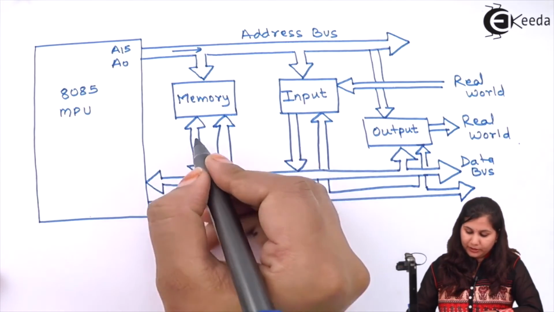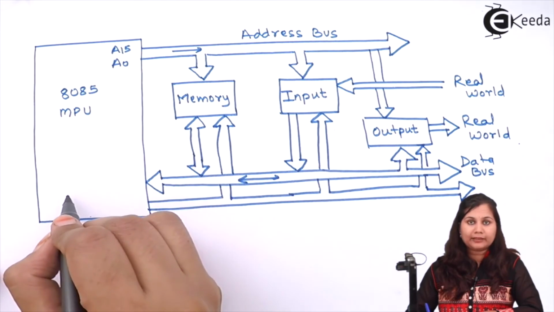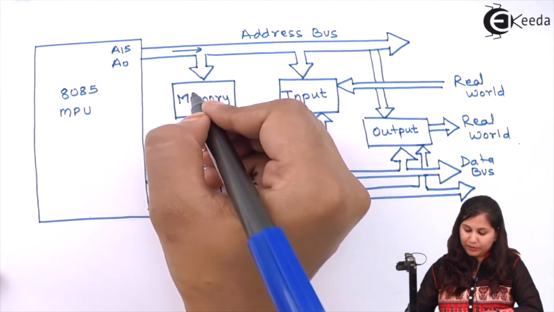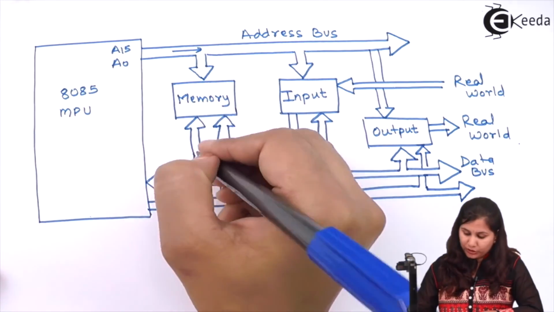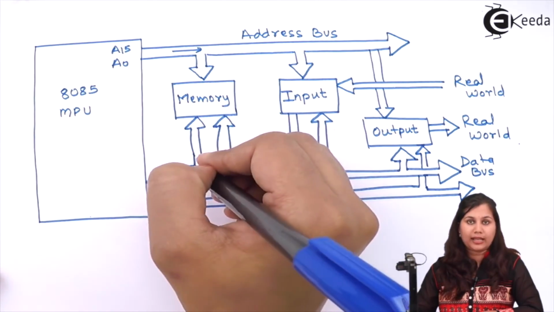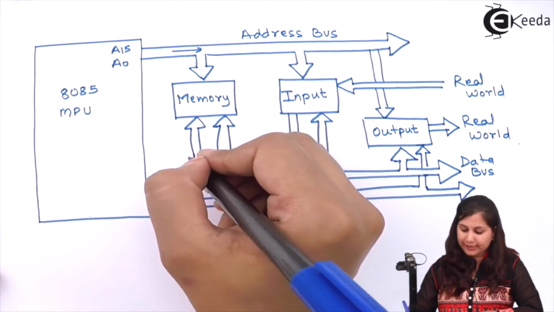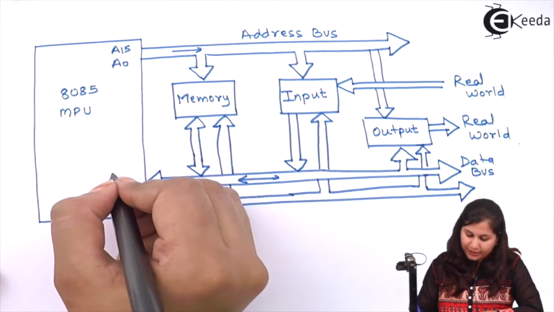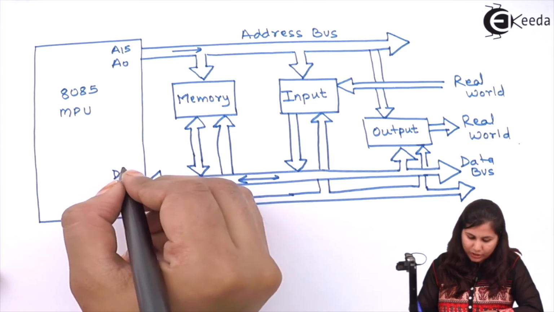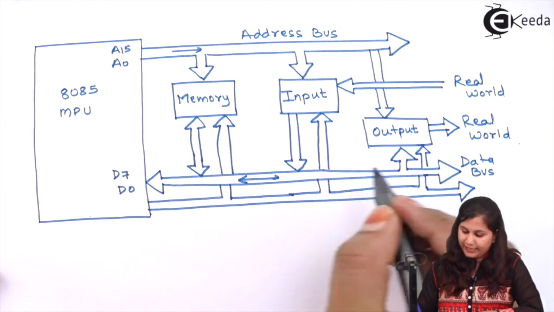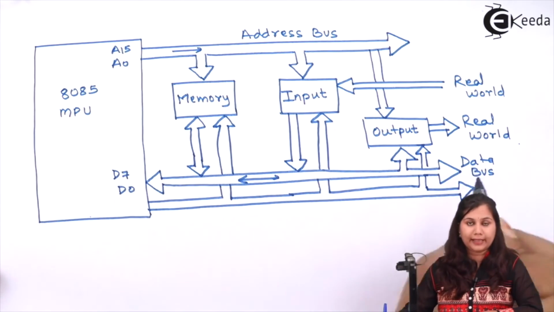Also from the memory, the data can be taken by the microprocessor and the result of the operations can be stored in the memory. So this is shown as a bidirectional arrow. The flow of the data between the microprocessor and memory is in both directions. This is an 8-bit bidirectional data bus, starting from D0 to D7.